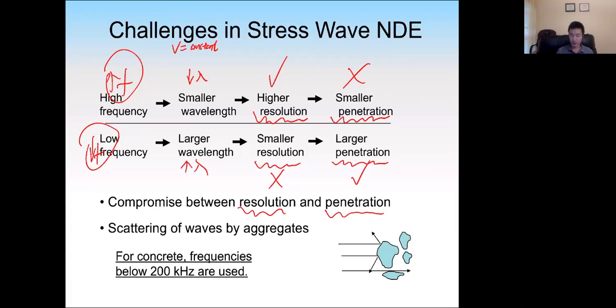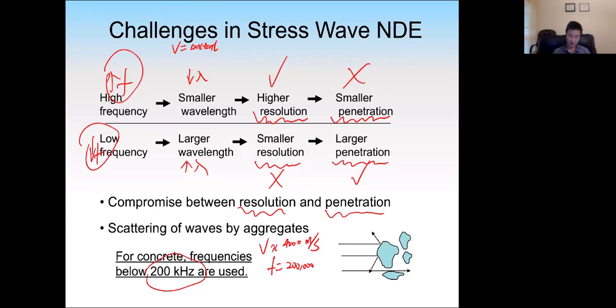For example, in concrete, the frequency of 200,000 hertz is normally used, and the reason for that is because the velocity of mechanical wave in concrete is around 4,000 meters per second. Okay, and the frequency is 200,000 hertz.